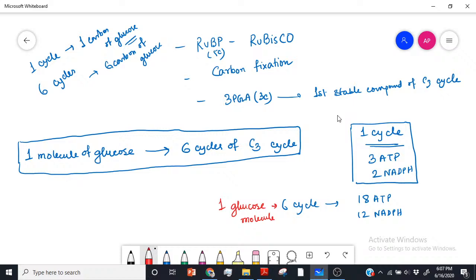Now, a few minutes back you asked a question. Is the Calvin cycle the biosynthetic phase? Now let me answer that question for you. The anabolic reactions are known as synthetic reactions.